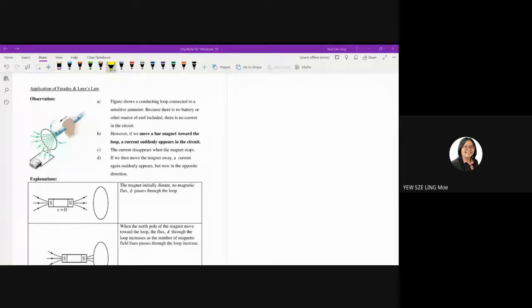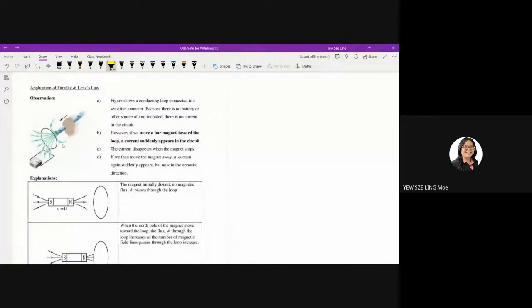So in Faraday's experiment, he started with just an emitter and a coil. Then he used a piece of magnet and moved it, and suddenly he noticed this. If you move it towards the coil, there's a current. But if you move it away, there's a current again, but in the opposite direction. If the magnet is not moving, the emitter goes back to 0. From there, he found out that the induced EMF depends on the magnetic flux.